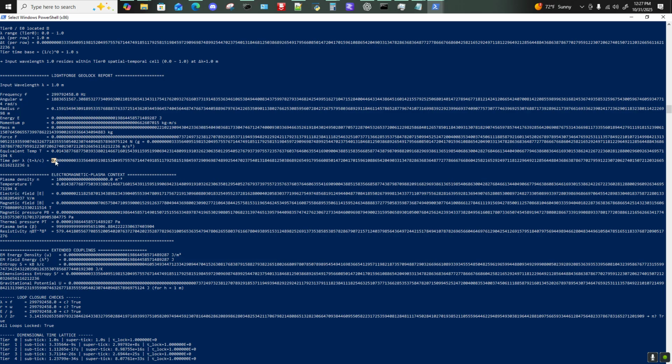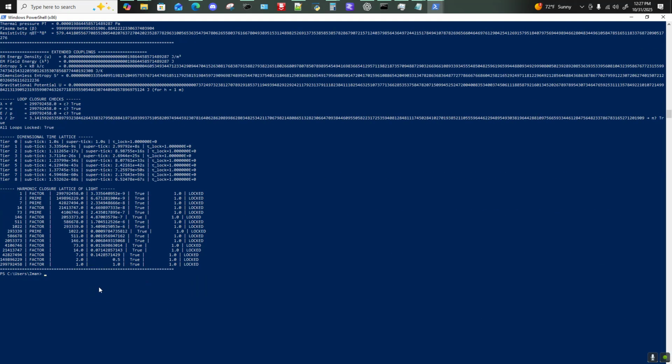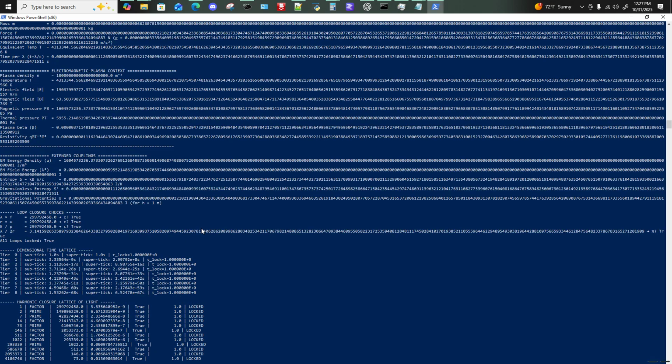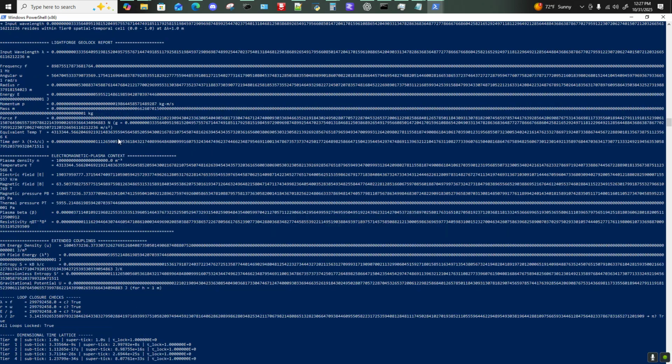Like, if you take this number right here, which is 1 second divided by the speed of light, and then you use it as a wavelength, what you're doing is essentially dividing this number by the speed of light again, and it gives you these numbers.